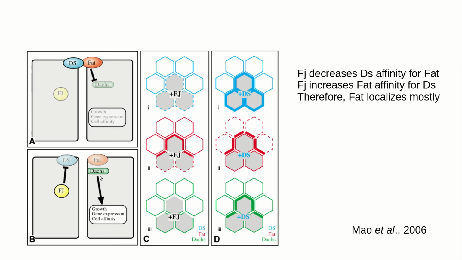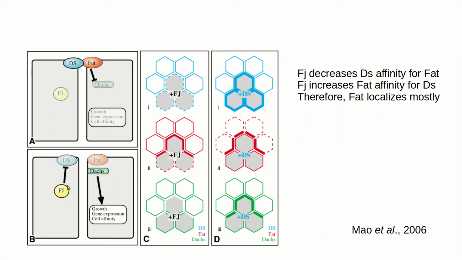So here's more or less how the system works. Four-jointed is a kinase in the Golgi, and Dachsous and Fat are two cadherins which bind to each other. Four-jointed modifies the affinity of these cadherins for each other.